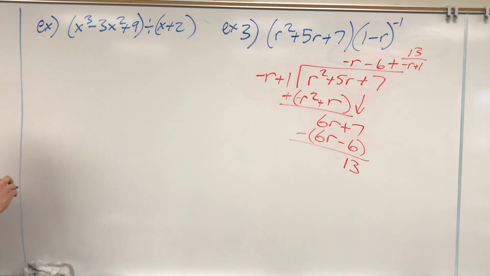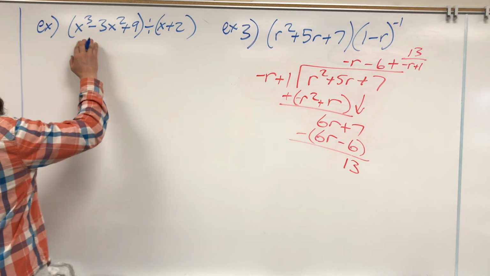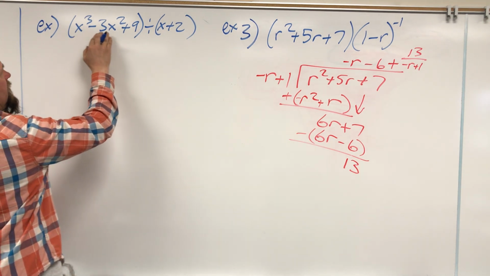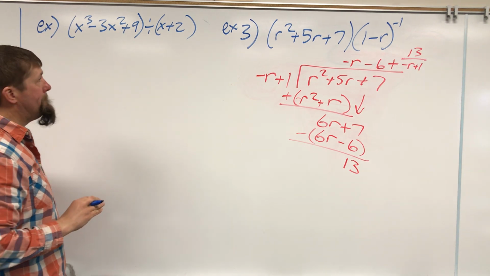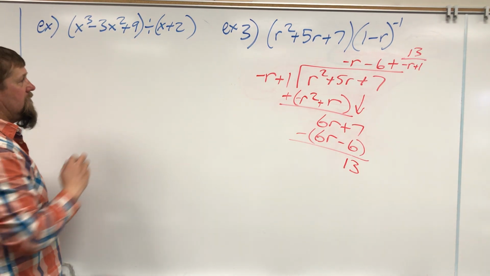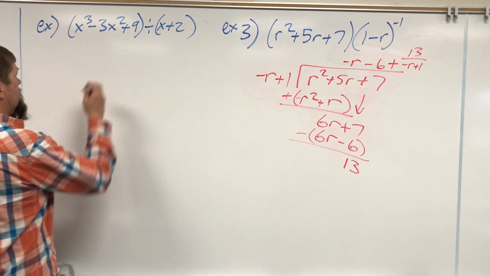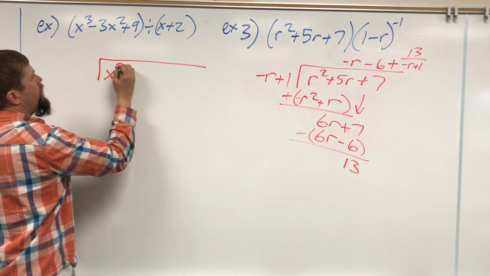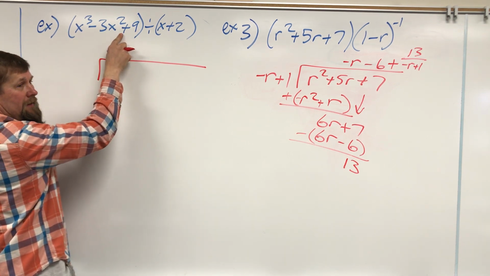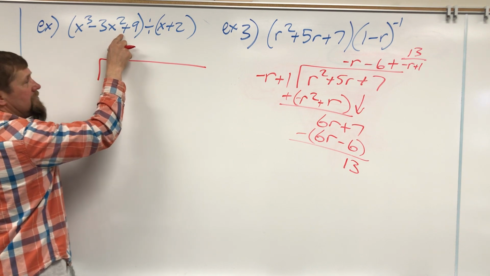Okay, there's something here that you need to pay attention to. Do you notice that this one has a cubic, a quadratic, but it does not have a linear term? It has a constant. So when you put this into your problem, you need to make sure that you take into account the missing term. It's missing x.